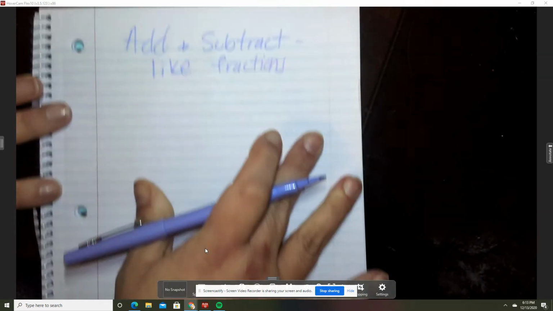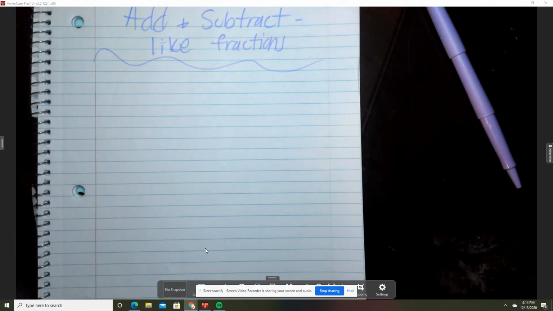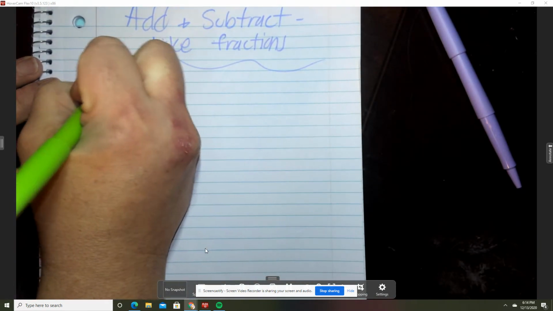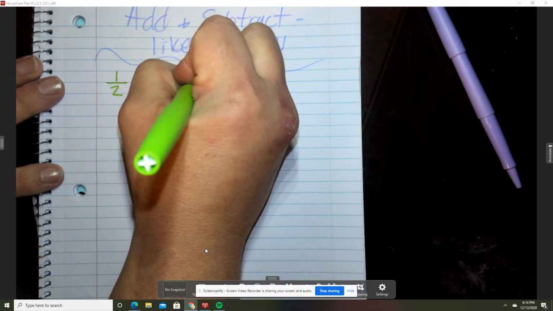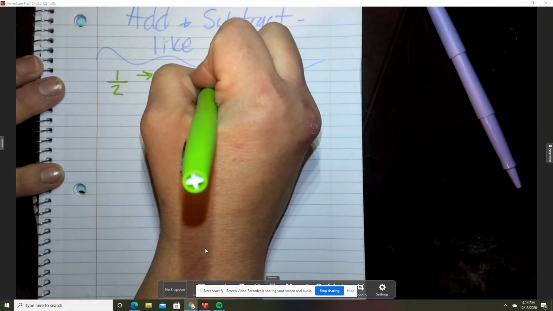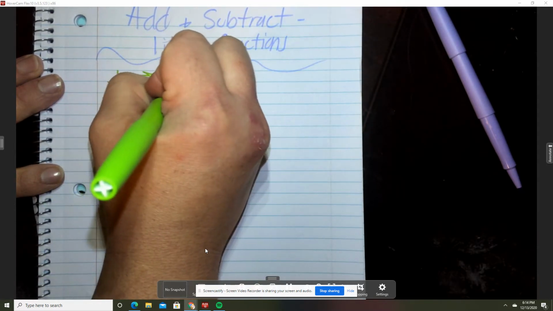Okay. All right, just to review the terms, if you have a fraction, this is the numerator. And this, of course, is the denominator.